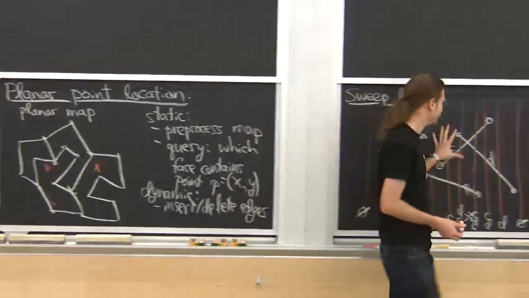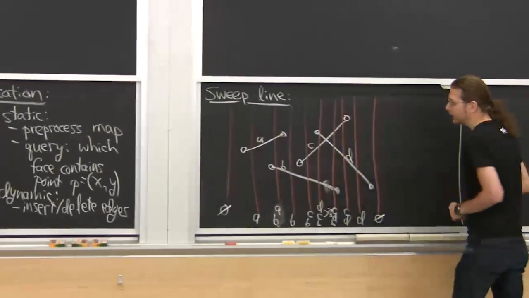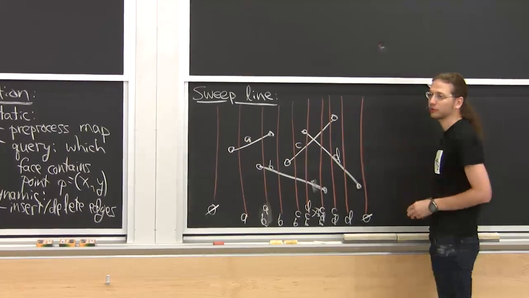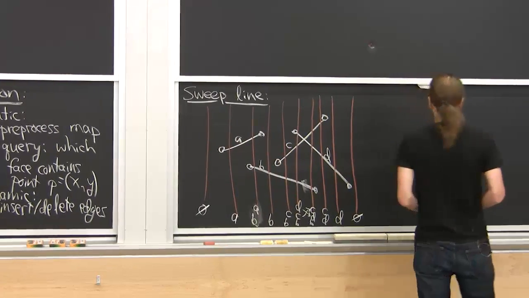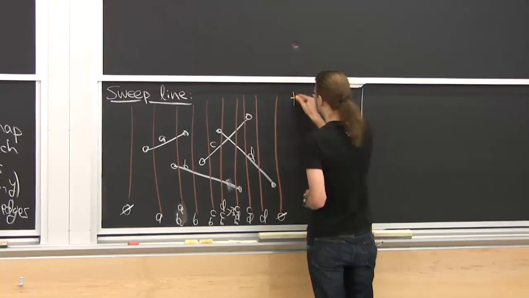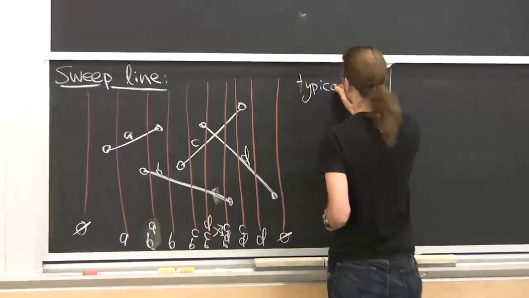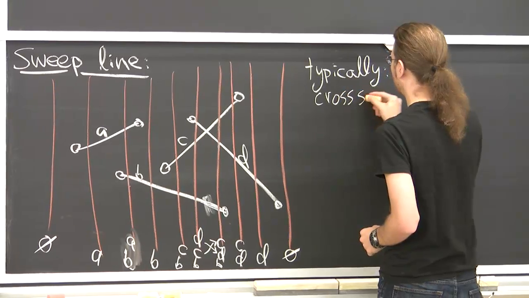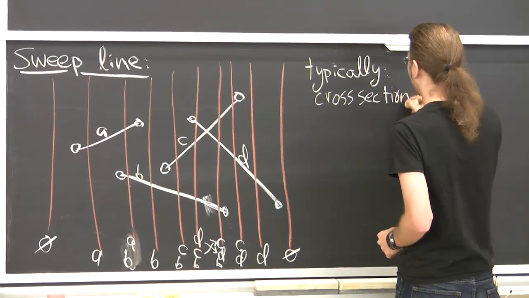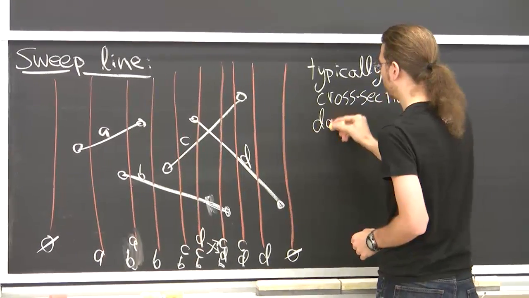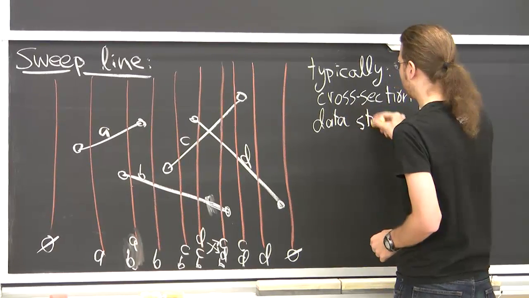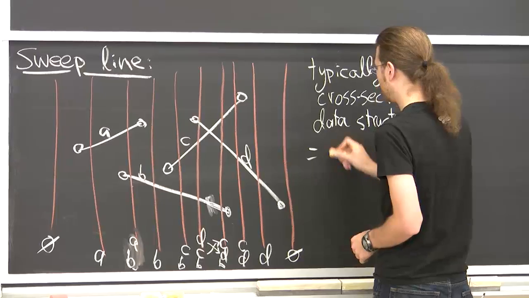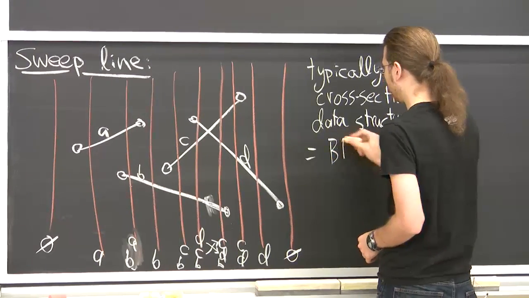Okay, but we're taking this technique. There's a data structure here, which is the binary search tree maintaining the cross section. Typically, the cross section data structure is a regular balanced binary search tree.